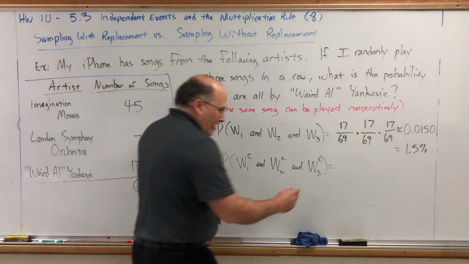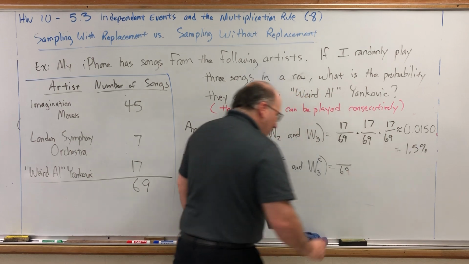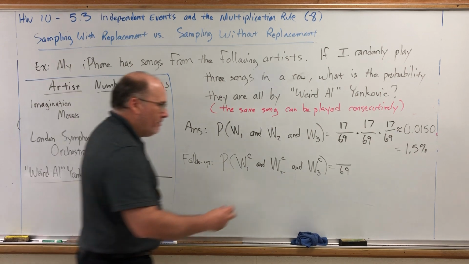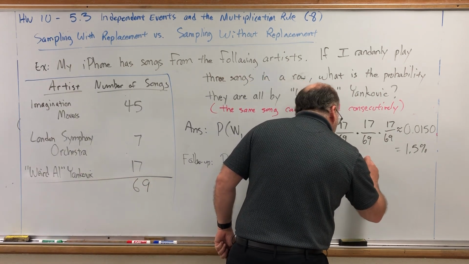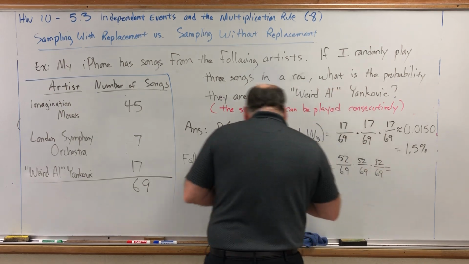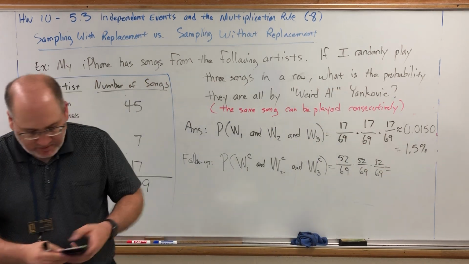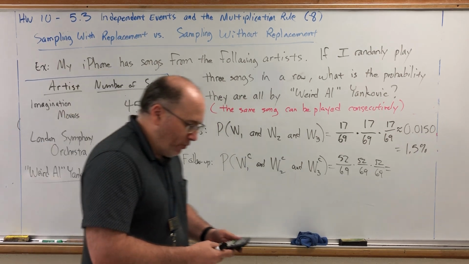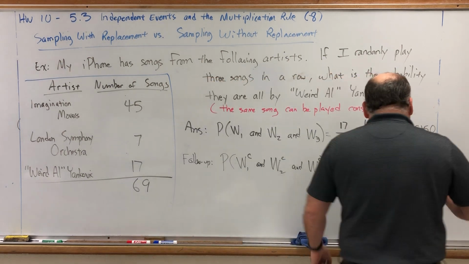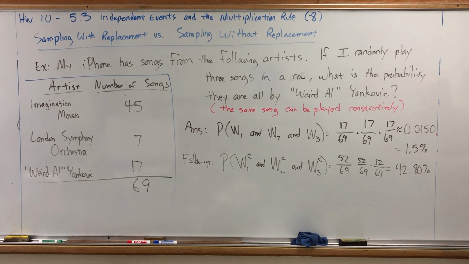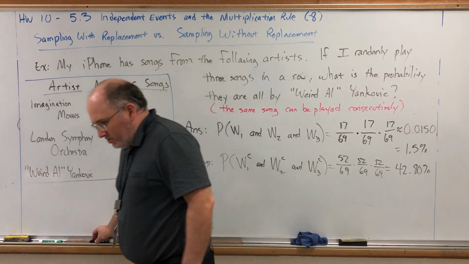Well, it's still out of 69, but how many songs in my playlist aren't Weird Al? This many, 52. So 52, 52, 52, all out of 69. So let's see what that equals. 42.80%. So almost a 50% chance that I don't get any Weird Al songs if I listen to 3 songs in a row.